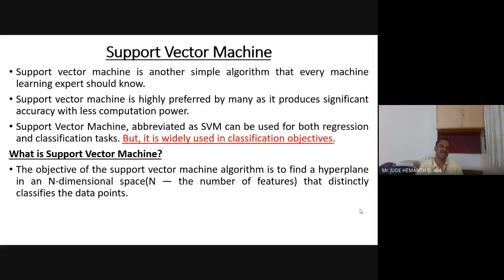Say, for example, you take a graph, a normal graph you use for the regular labs. You will take an x-axis and a y-axis. In that case, the number of features we have used is 2 because we have 2 axes. Or we can say that the number of features is equivalent to the number of dimensions of the space.